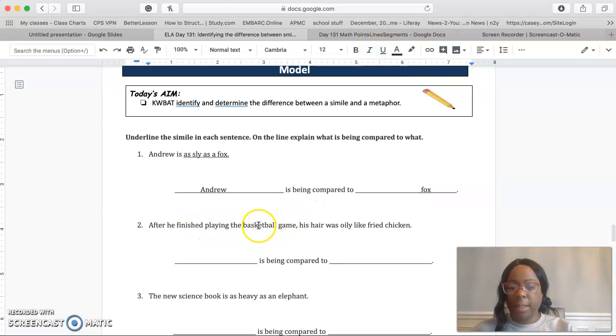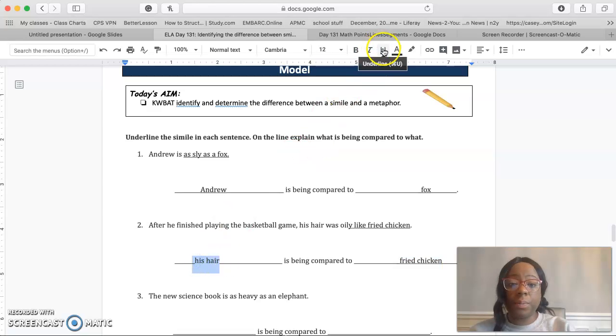After he finished playing the basketball game, his hair was oily like fried chicken. So we're gonna put like fried chicken. That is our simile, and we're comparing his hair to that of fried chicken. That's an odd comparison, but that's what similes do.